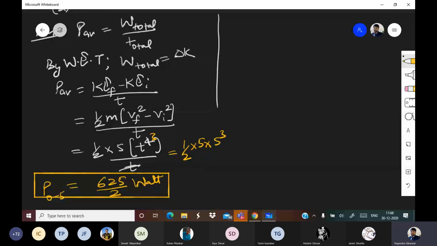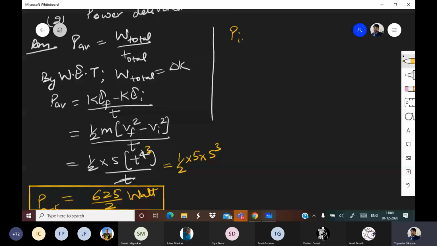PINST will be dW by dt and that will be equal to dk by dt. Rate of change of kinetic energy also gives instantaneous power. So PINST is equal to d by dt of half m v square.